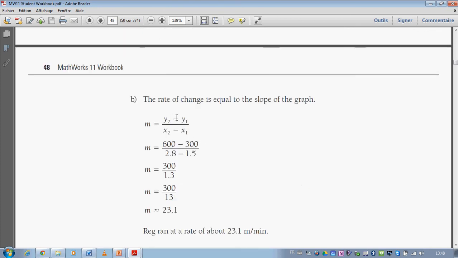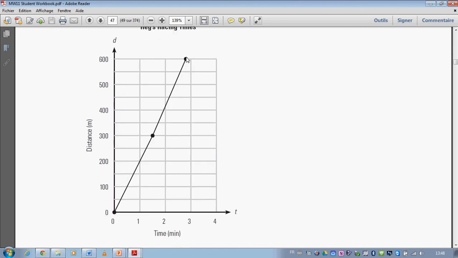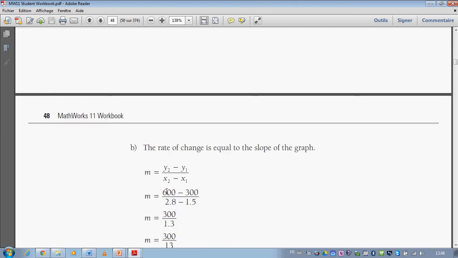So y2 minus y1, so you would choose this point up here as being point 2, and you could choose this point down here as being point 1, okay? And that's what they do here. So x2 and y2, those are the coordinates for point 2, where x2 would be the time, and y2 is the distance. So at 2.8 minutes, he's traveled 600 meters.